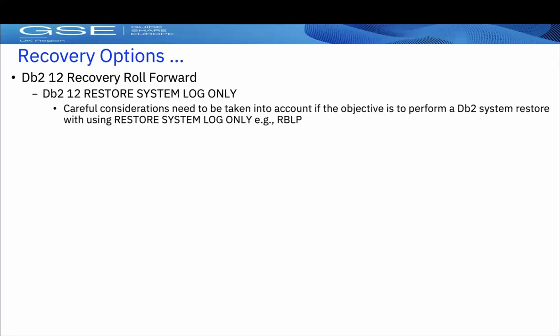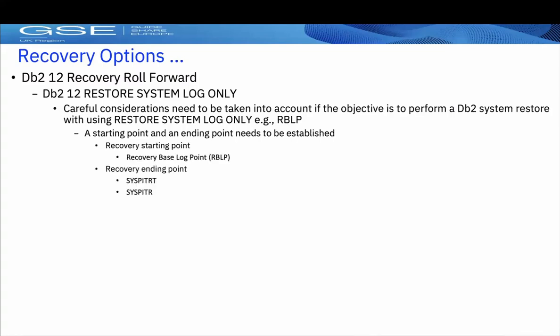So now Db2 knows about all this. How do I recover forward? I'm going to talk about this in the version 12 and version 13 timeframe. To be able to recover forward, from a system perspective we need the RBLP, the recovery base log point, as a starting point.